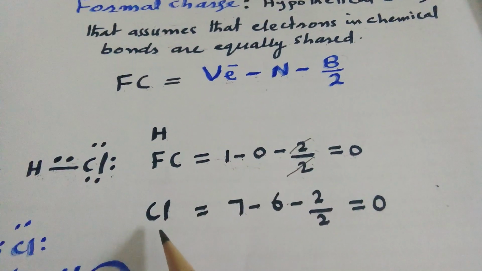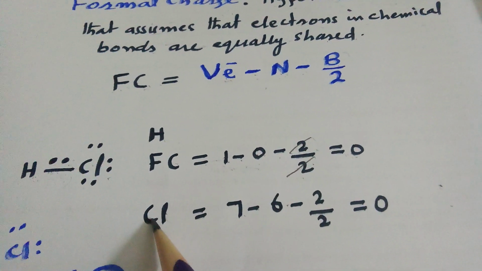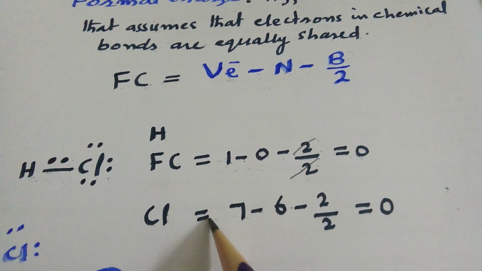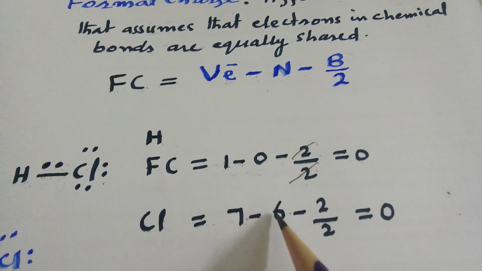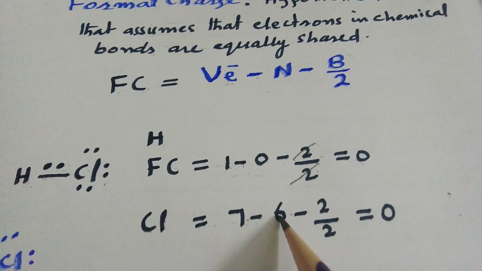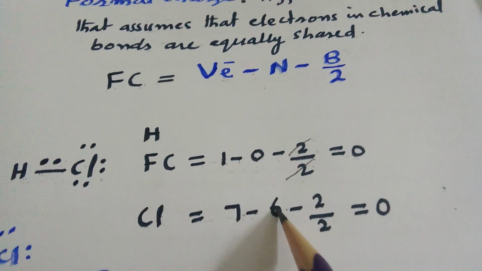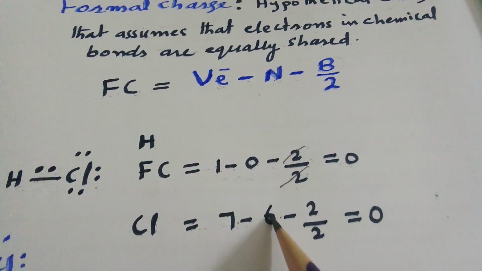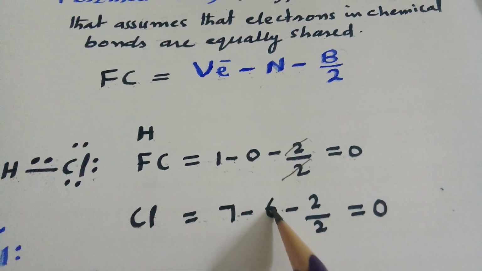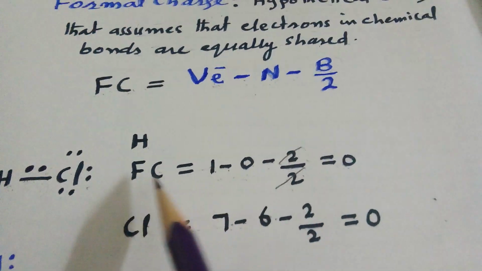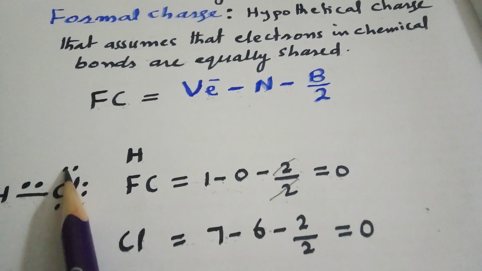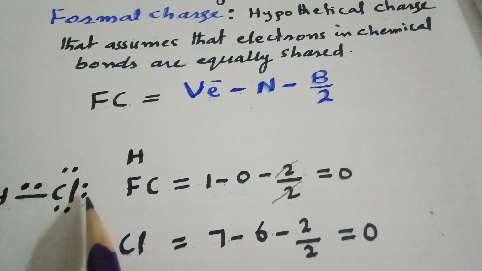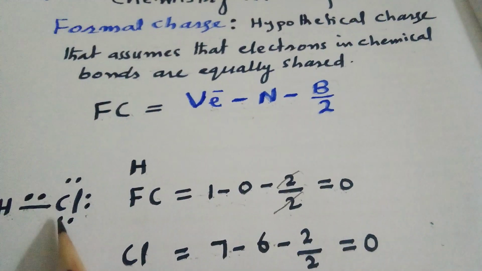Now let's take chlorine. We know that chlorine's valence shell contains 7 electrons, 7 minus 6. What's the 6? 6 is the number of non-bonding electrons. You can see here there are a total of 6 non-bonding electrons, 1, 2, 3, 4, 5 and 6.